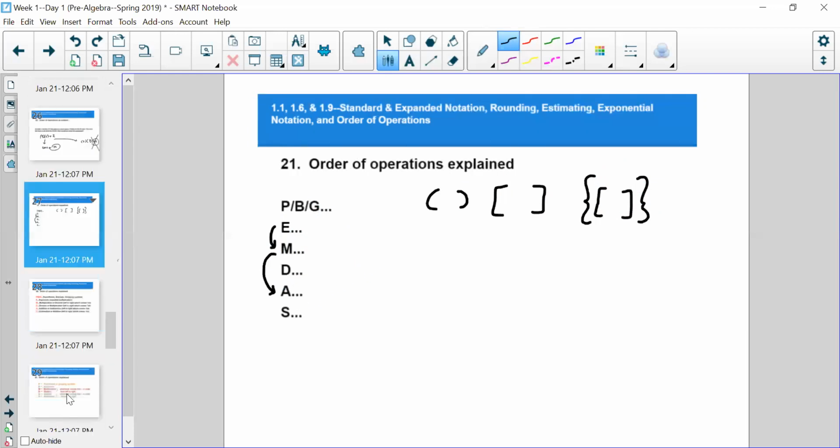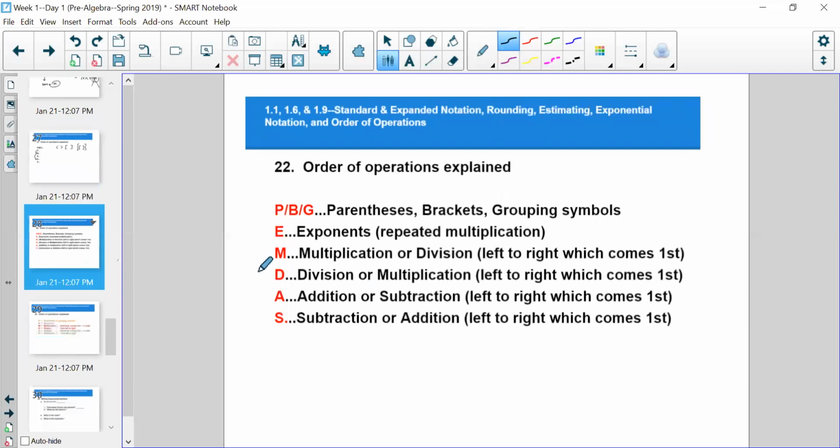And then these next 2 slides just kind of explain, when you're looking at this, you're going left to right. So whichever comes first. If you see 5 times 4 divided by 2, it's whatever comes left to right. So even though multiplication is first, left to right, you're still going to do that.